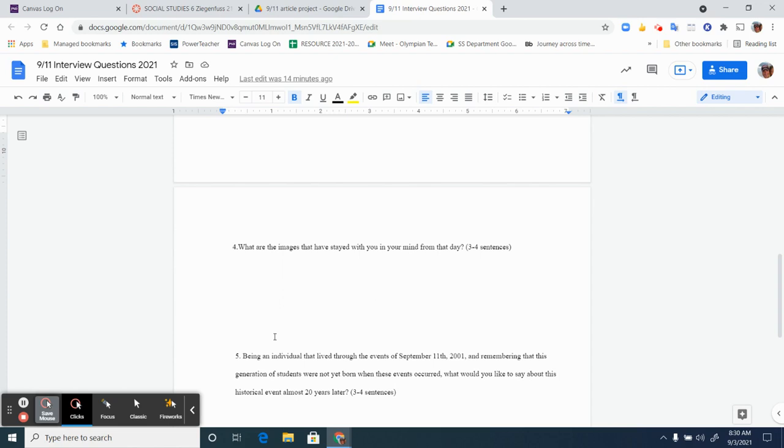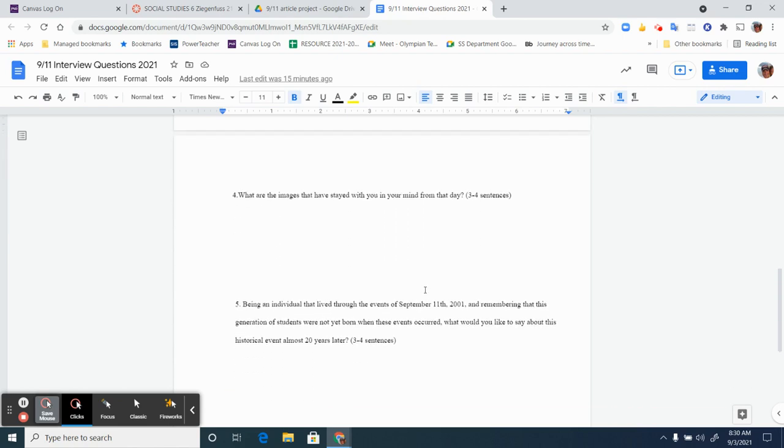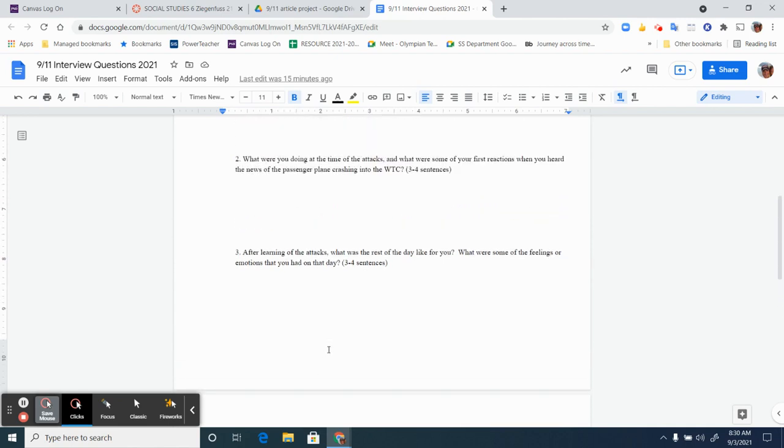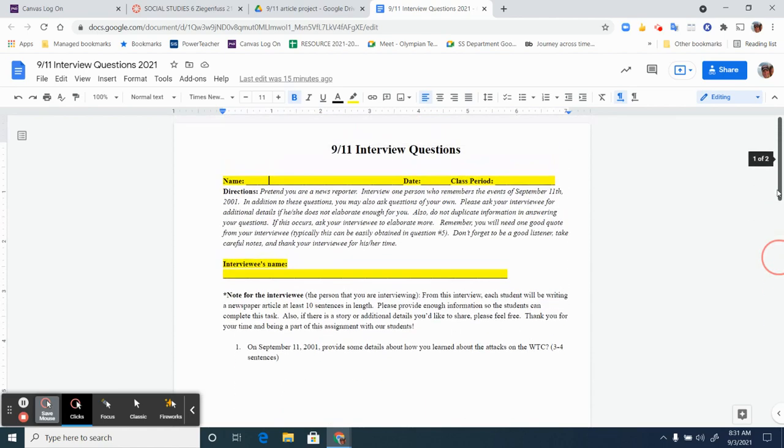It was a very emotional day for many of us as adults, so we need to be considerate and understanding. If somebody doesn't want to go into a whole lot of detail, we need to respect that from our interviewees, especially with number 4, which typically becomes a very emotional question to answer.